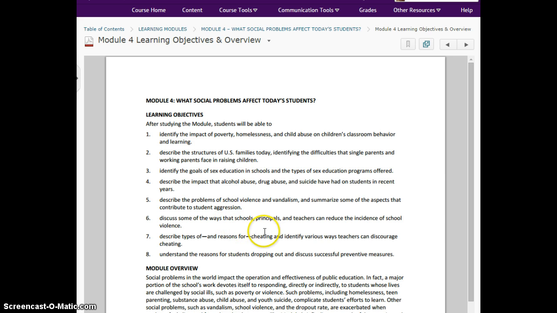One thing that we need to consider is also students dropping out of school and the reasons for that, and the general situation here relates to students who are at risk academically and may become dropouts as a result of this.